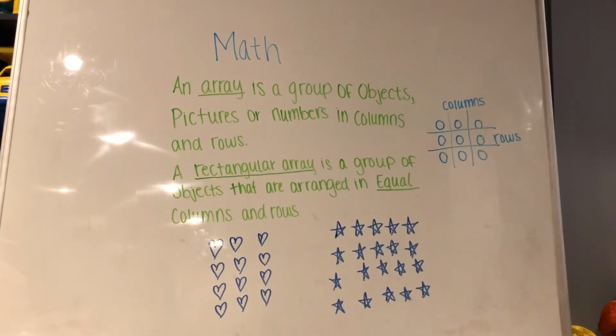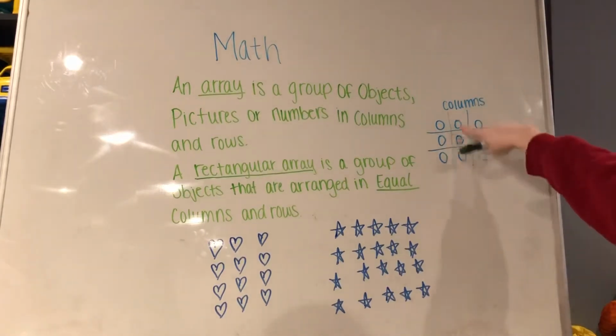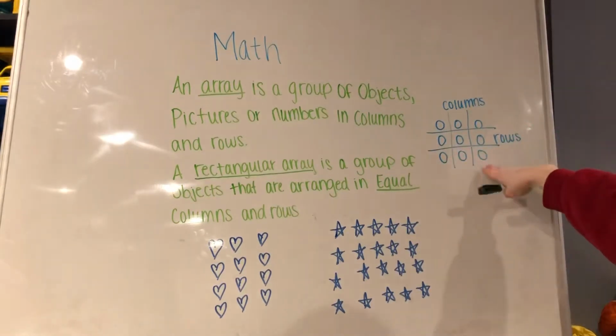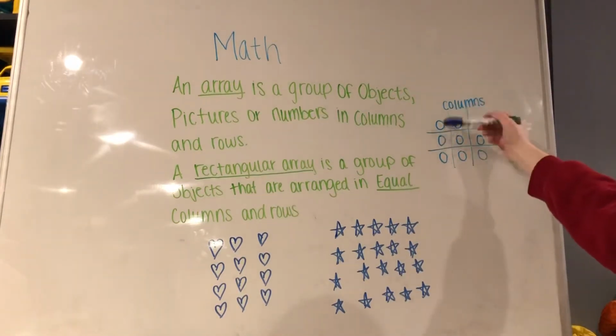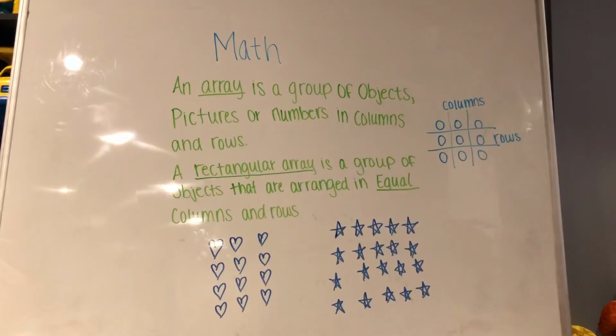And remember that if you look back at our example, our columns move up and down. These are our columns, and these are our rows. So we want to make sure that we remember columns and rows. And each row is like a group.